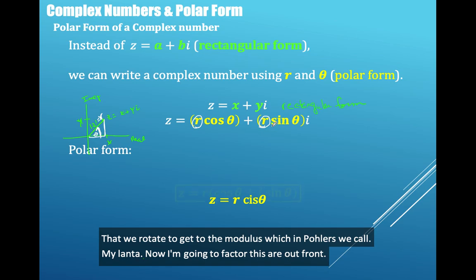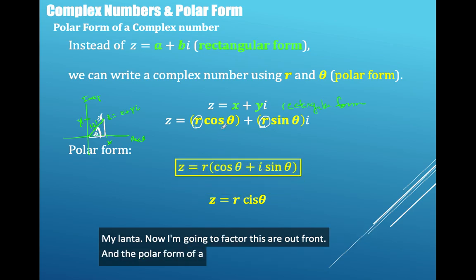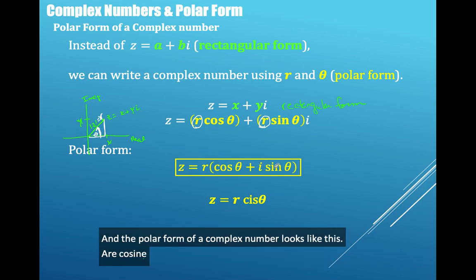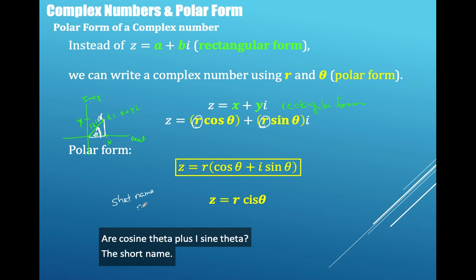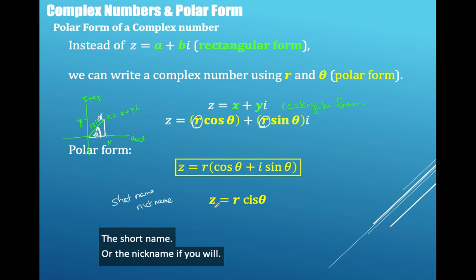And the polar form of a complex number looks like this: r cosine theta plus i sine theta. The short name, or the nickname if you will, is complex number z is r cis theta.